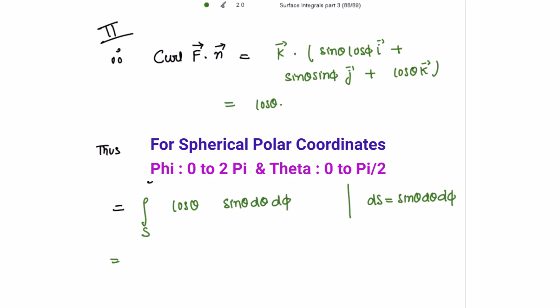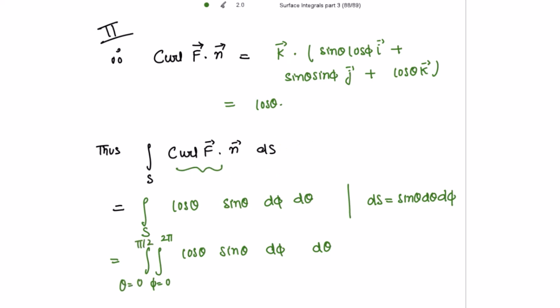So this is equal to, because I need to integrate this first with respect to phi, I am interchanging these two. So writing here d phi d theta. What are the limits for phi? It is from 0 to 2 pi. And the limits of theta is from 0 to pi by 2. Right?